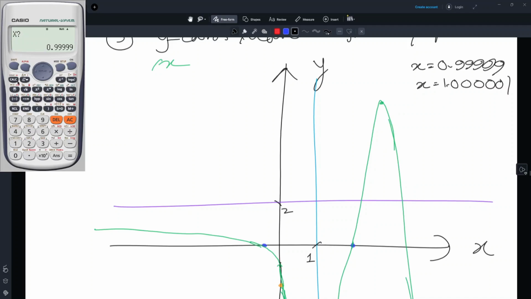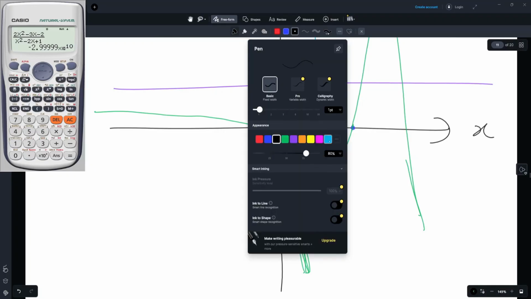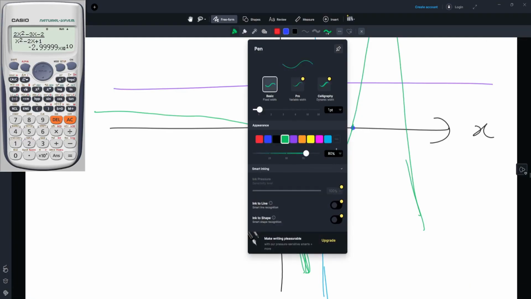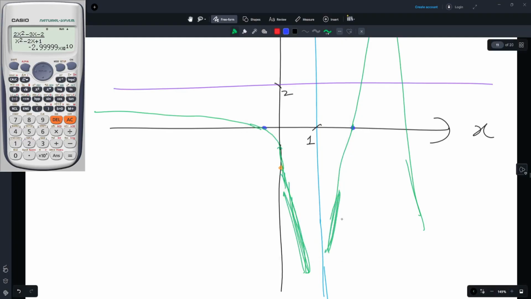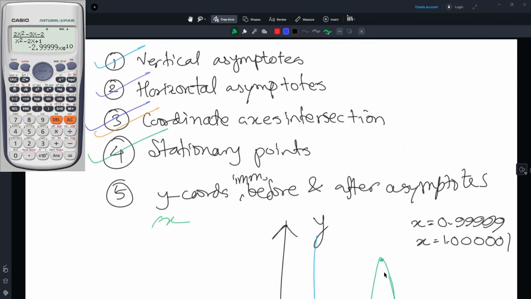So calc 1.00001, oops, minus 2.999 into 10 to the power 10, which means it's also a negative value. So it means that my curve so far looks correct. Trying to approach the asymptote or leave the asymptote, but it does not touch the asymptote. And then it also goes to this point and then this point there.